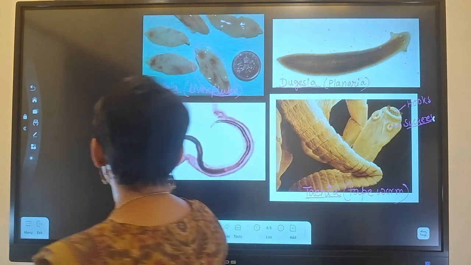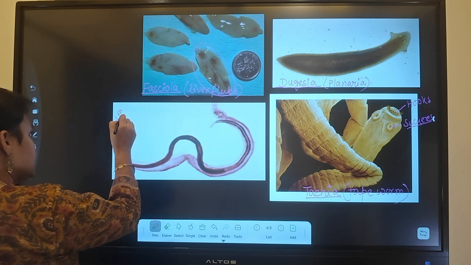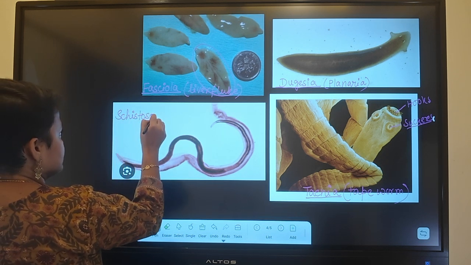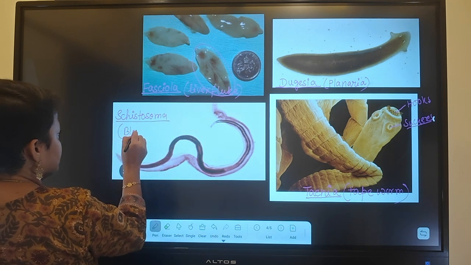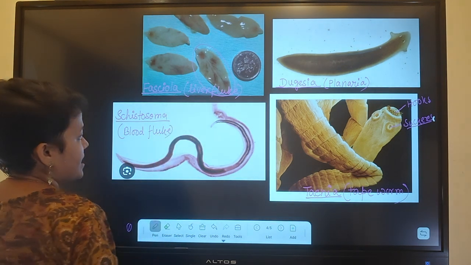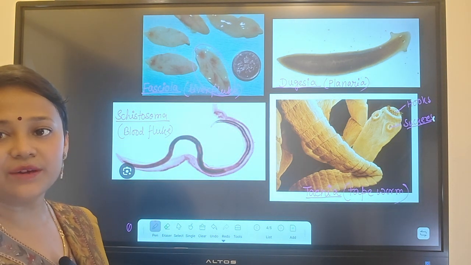And this is the example of Schistosoma. This is also called blood fluke. As I told, they are unisexual, and the female will stay inside the body of the male.